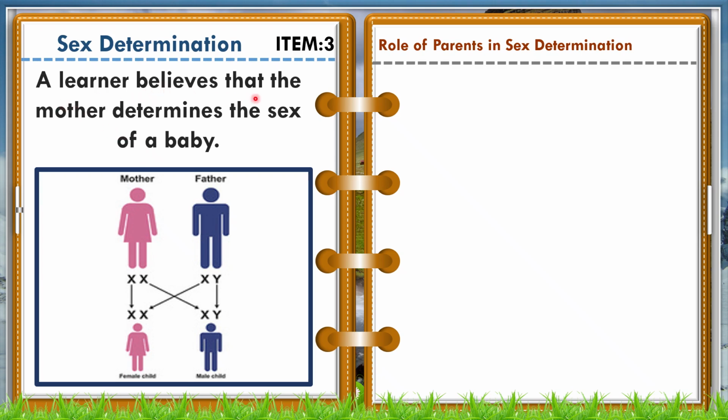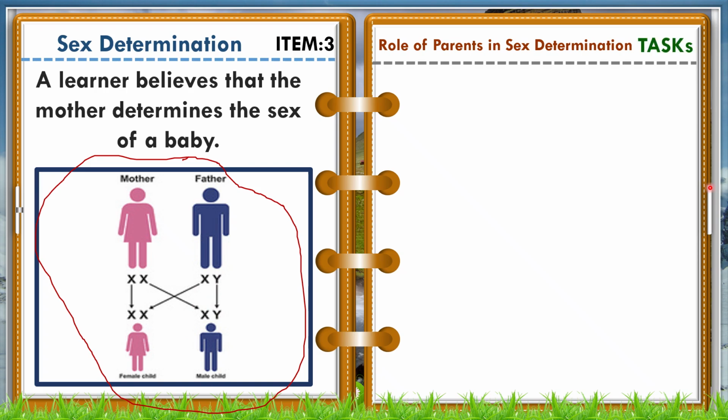From our diagram here, we can see we have the mother, XX, and the father, XY. When the mother gives X and the father gives X, we have a girl child. When the mother gives X and the father gives Y, we get a boy child.